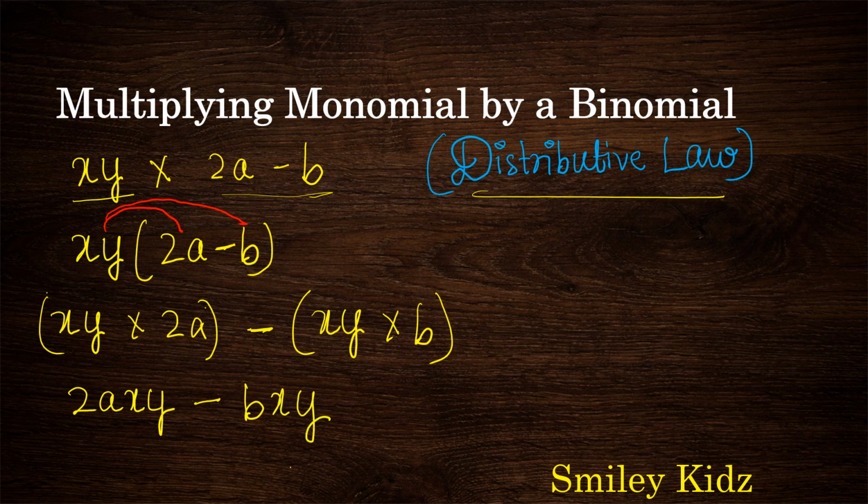So this is your final answer. So when we multiply xy with 2a minus b, we get the answer as 2axy minus bxy. This is how you're going to multiply a monomial by a binomial.